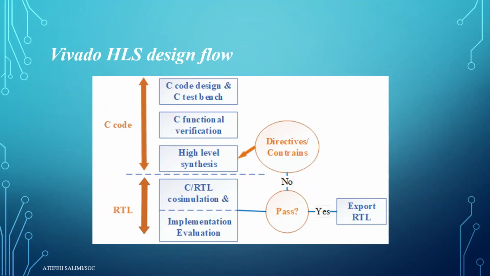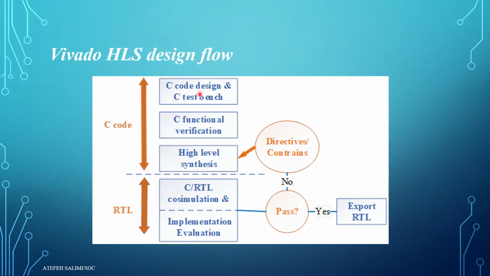The figure illustrated in this slide is the typical workflow of high-level synthesis, beginning from C-based design and verification and progressing toward RTL implementation. First, the C code and its test bench are developed and validated through functional verification.